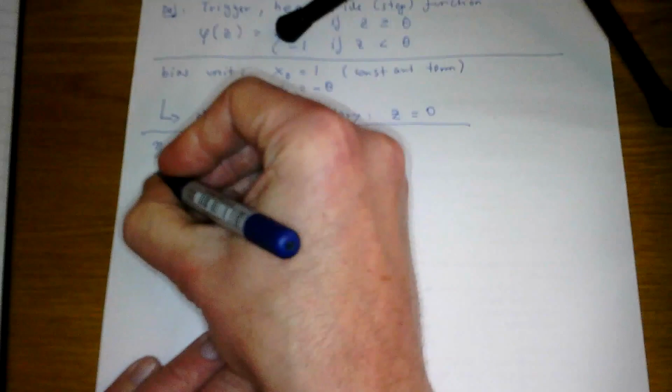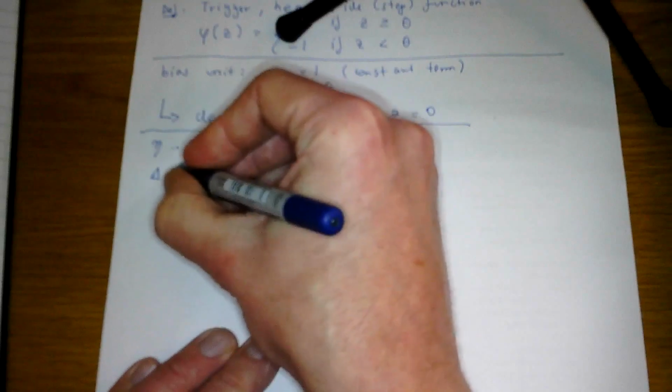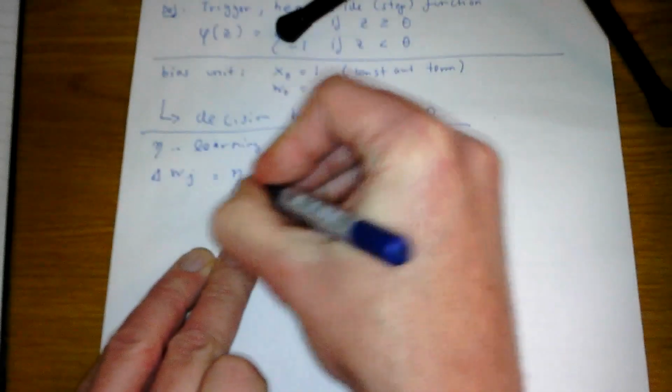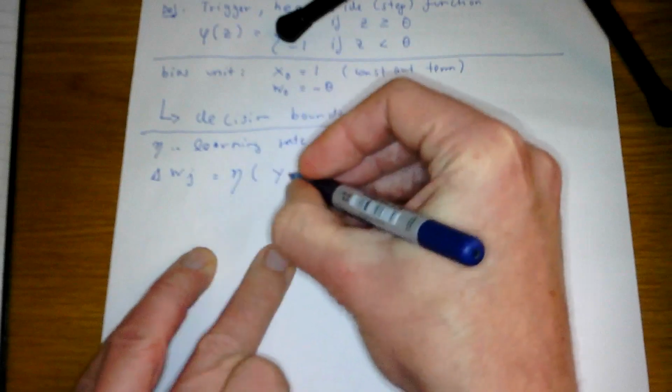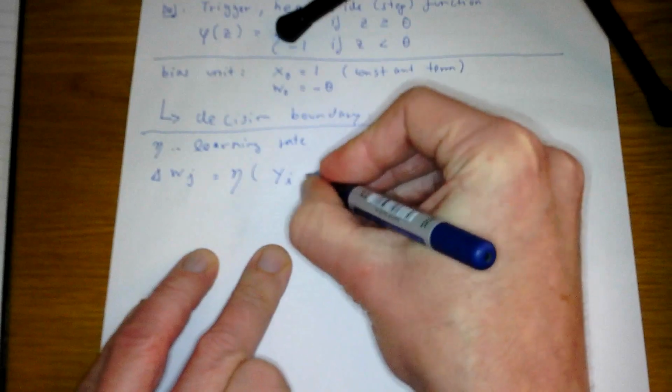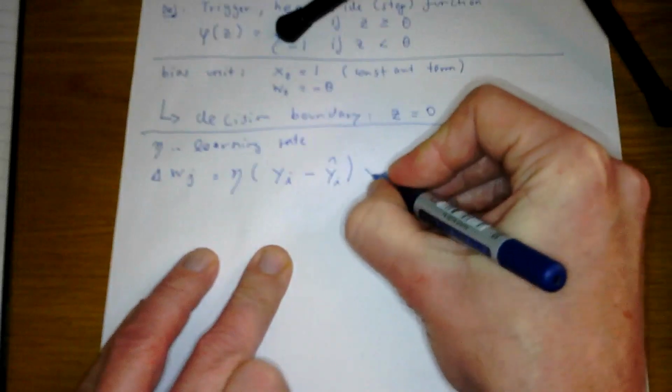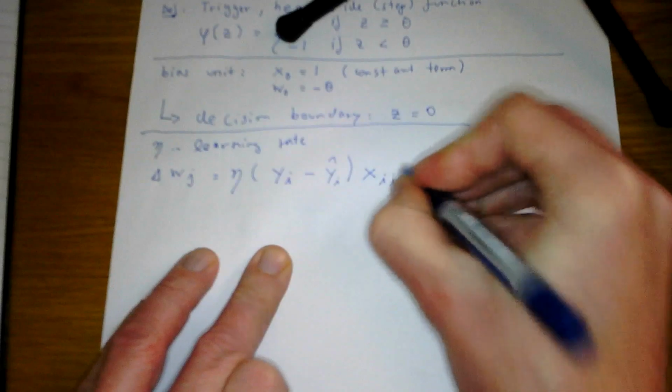Now, the learning rule in the perceptron goes as follows: delta w_j is equal to eta times (y_i minus y_i hat) times x_ij.